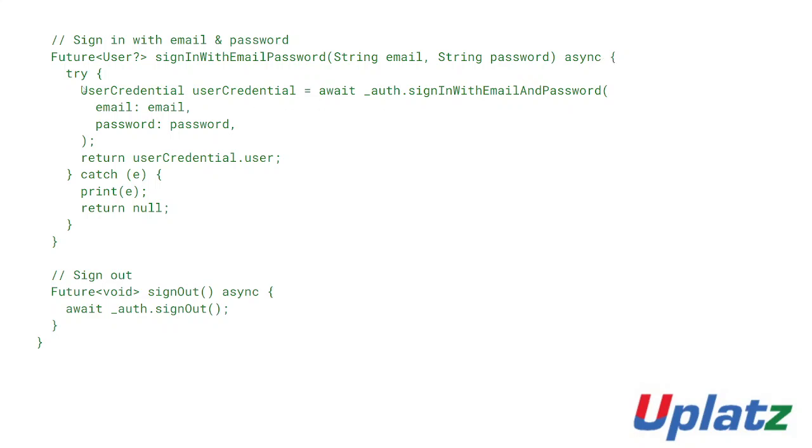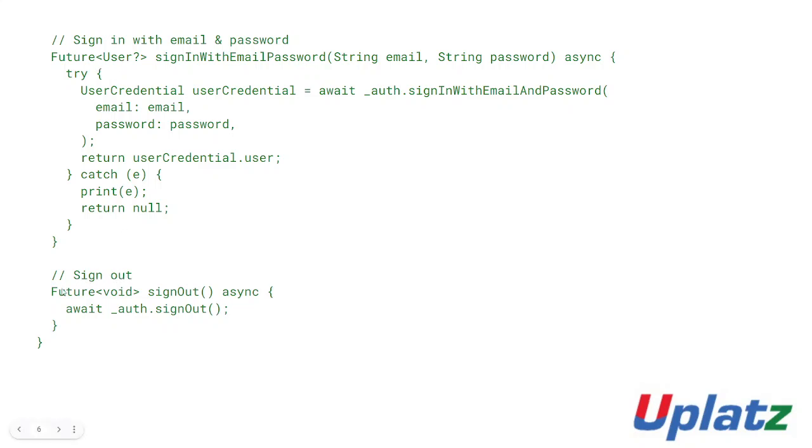Then open brackets, try, UserCredential is equal to await _auth.signInWithEmailAndPassword, then email: email, password: password. Then bracket close, return userCredential.user. If there is any error, then catch e, print e, return null. That's why it is nullable.